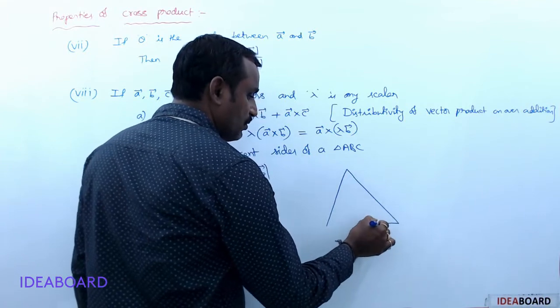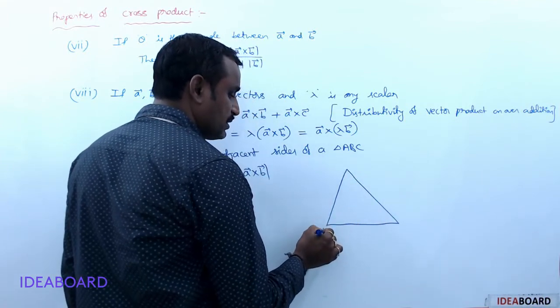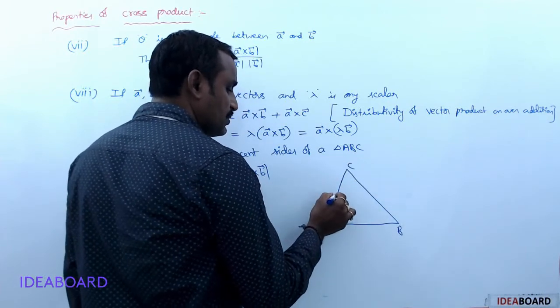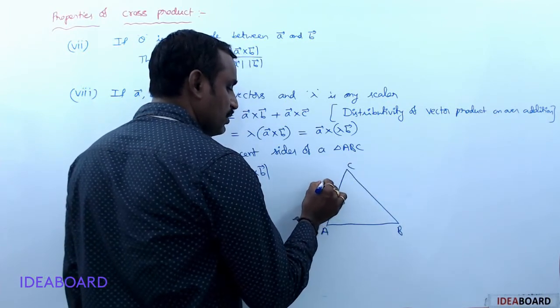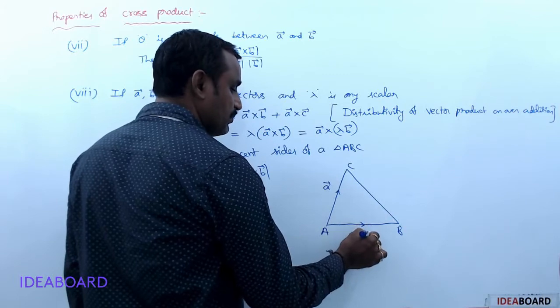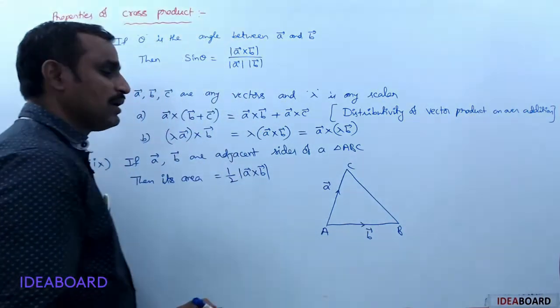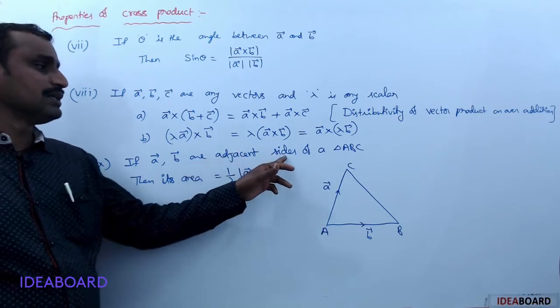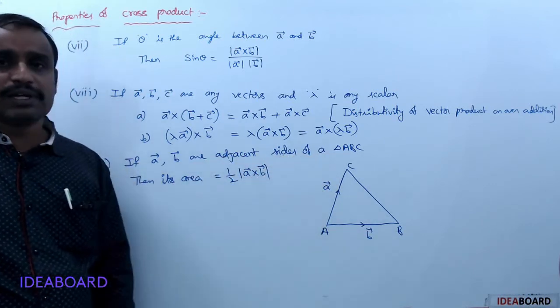So now this is the triangle ABC. This is a bar, this is b bar. So now a bar and b bar are two adjacent sides of a triangle ABC clearly.